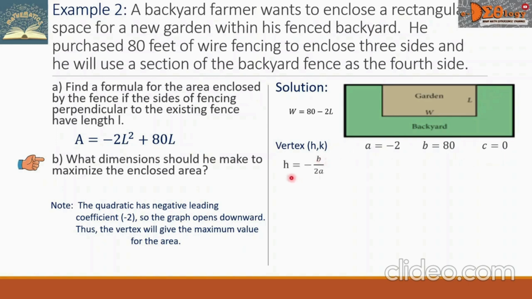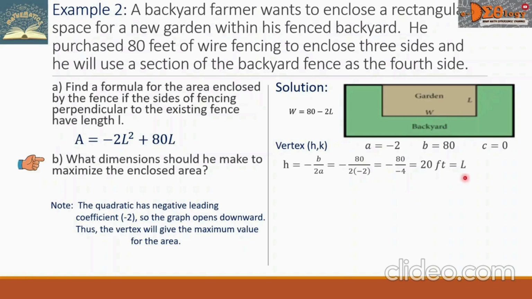Now let us solve for H, and the formula is negative B over 2A. When we substitute the values, we have negative 80 all over 2 times negative 2. The denominator 2 times negative 2 is negative 4. Negative and negative becomes positive. So we divide 80 by 4. We have positive 20. This value is in feet.